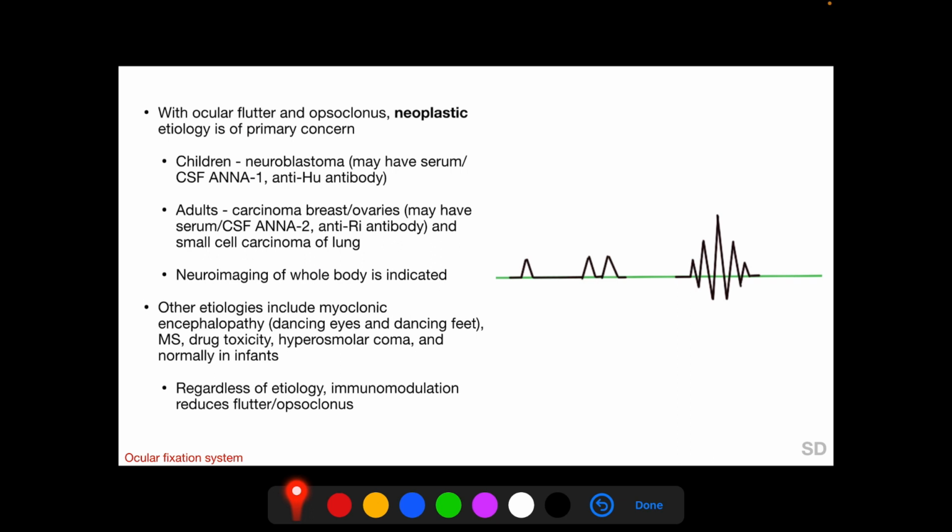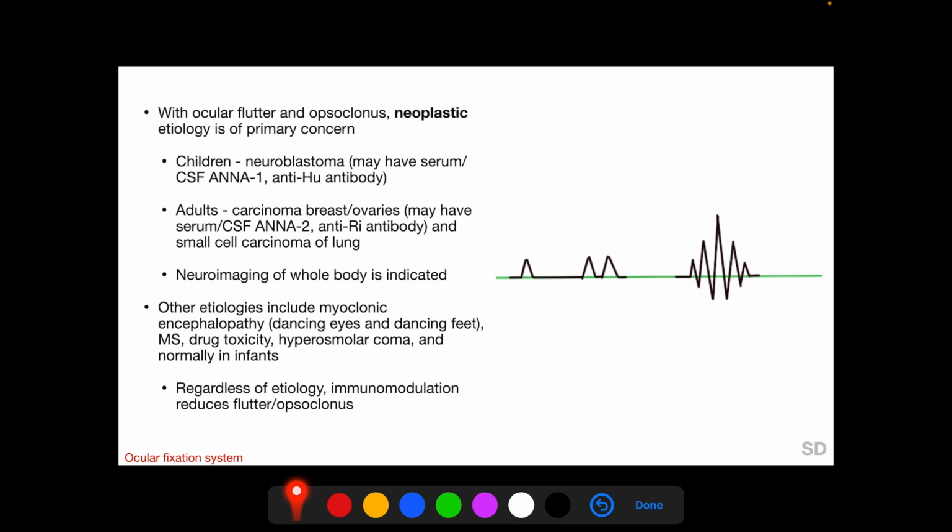As I have mentioned, ocular flutter and opsoclonus may be paraneoplastic in origin, and in children it is usually associated with neuroblastoma, in which case we may find anti-neuronal nuclear antibody 1, also called anti-Hu antibody, in the serum and/or CSF. In adults, it is usually associated with carcinoma breast and/or ovaries, in which case we may find anti-neuronal nuclear antibody 2 or anti-Ri antibody in the serum and/or CSF.